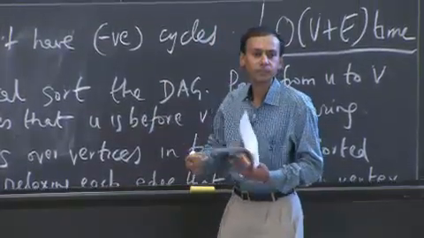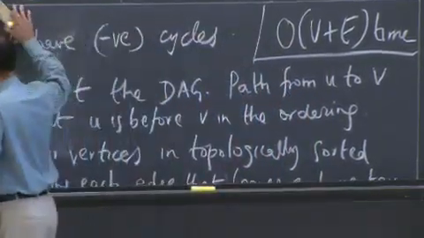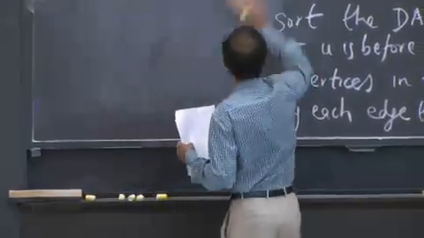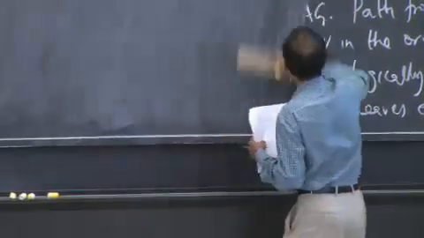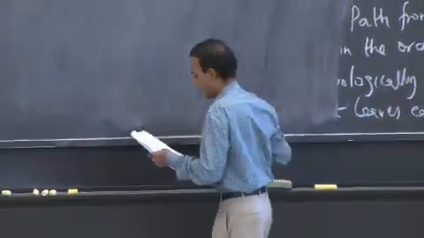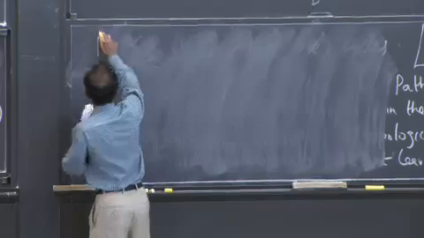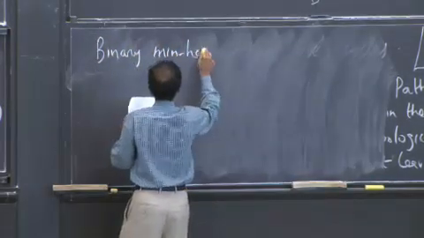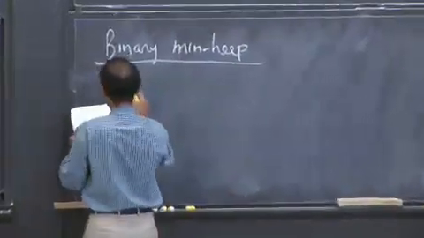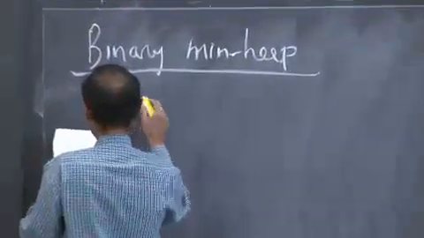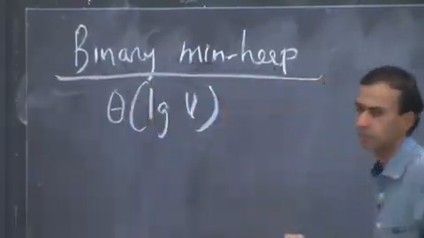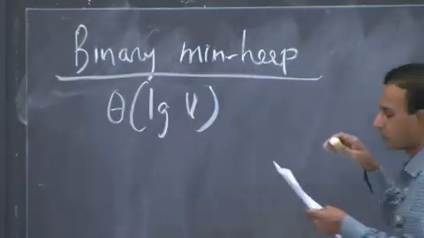Yep. You could use a min heap. Exactly right. So if you use a binary min heap, then for extract min, finding the min is constant because you just pick it up from the top.